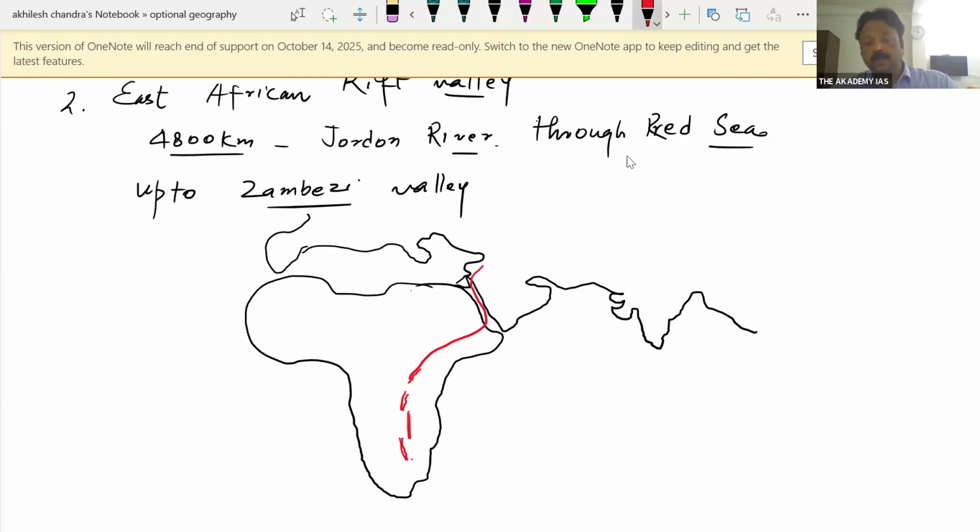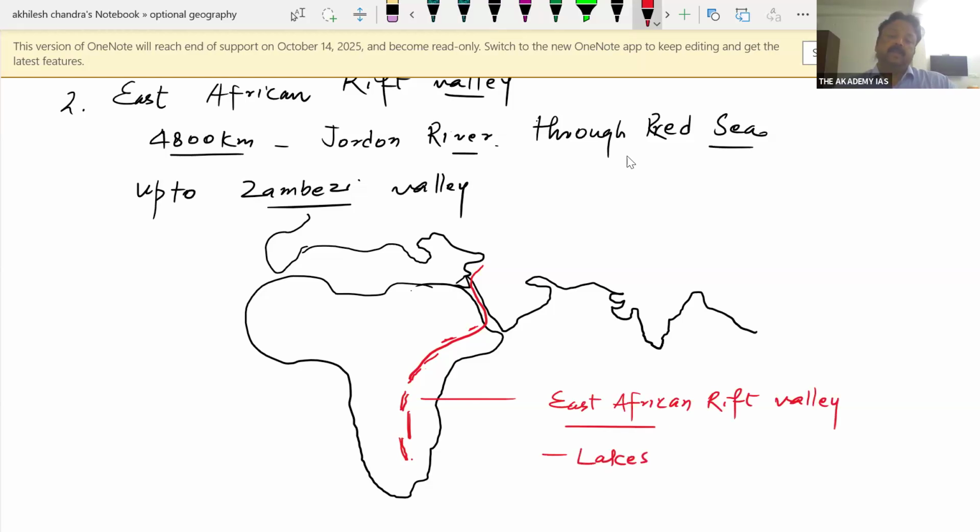You will find this rift valley like this. So this is the East African Rift Valley. You will find a lot of lakes over there. Volcanic eruptions are there. And it covers almost 4,800 kilometers. So rift is developing because of faulting taking place over here.